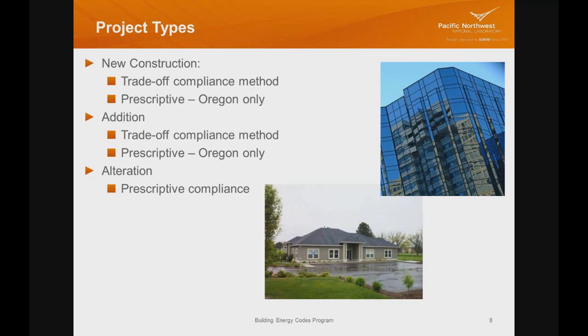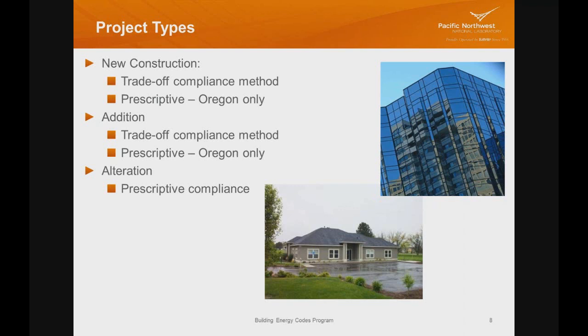Project types that we support are new construction, additions, and alterations. New construction projects will be determining energy code compliance via the trade-off method, or if you're an Oregon-based user, we offer the prescriptive alternative.